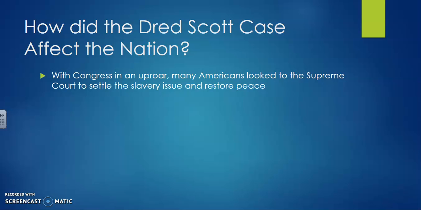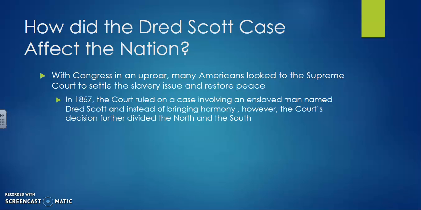So their rulings can be a little bit more independent of politics than almost any other person's decision in Washington, D.C. In 1857, the court will rule on a case involving an enslaved man named Dred Scott, and instead of bringing harmony to the nation as everybody hoped, the court's decision will further divide the North and South and create an even bigger rift between the two sections of the country.